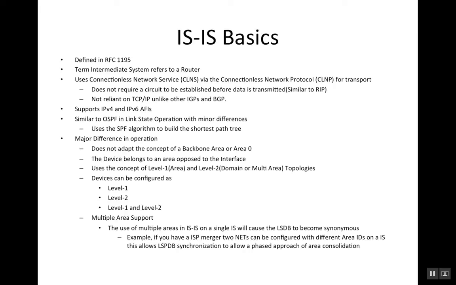This allows the link state database to synchronize and allow a phased approach of area consolidation. And like I said, I have a whole slide dedicated to just this multi-area configuration, which I think is probably one of the coolest things about ISIS.